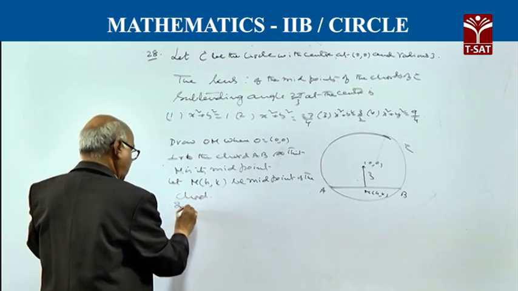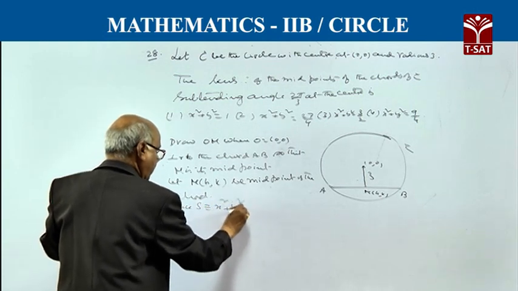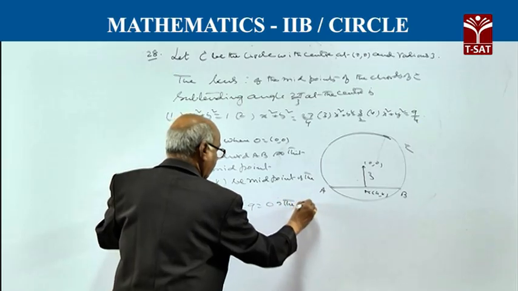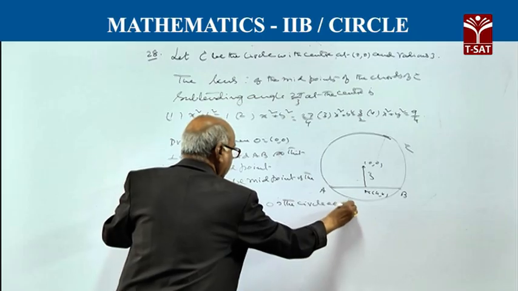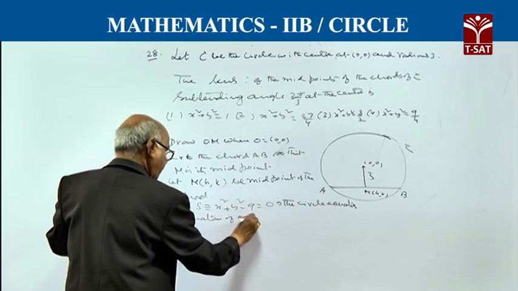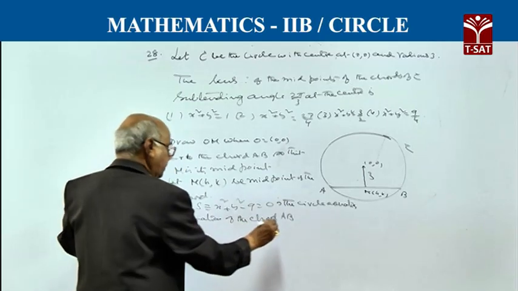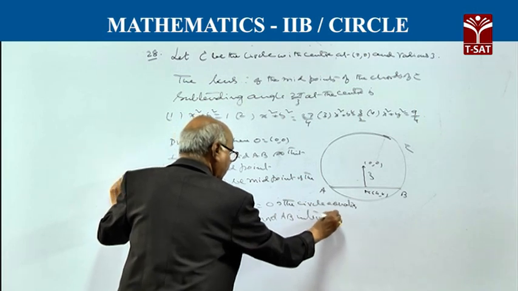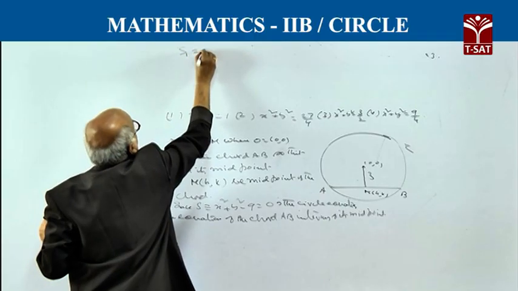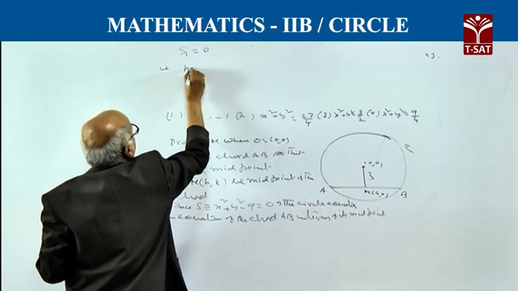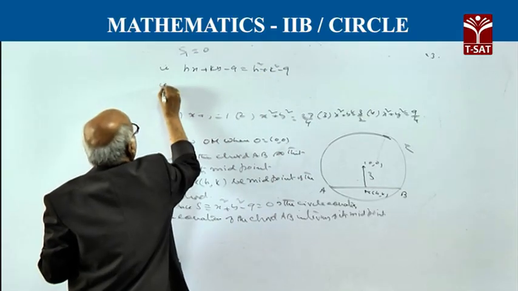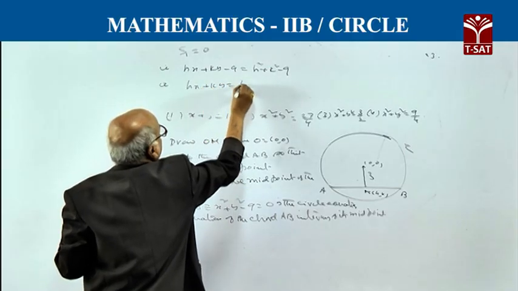Now, since S is equal to x square plus y square minus 9 equal to 0 is the circle equation, the equation of the chord AB in terms of its midpoint is S1 equal to T, that is Hx plus Ky minus 9 is equal to H square plus K square minus 9, that is Hx plus ky is equal to h square plus k square.